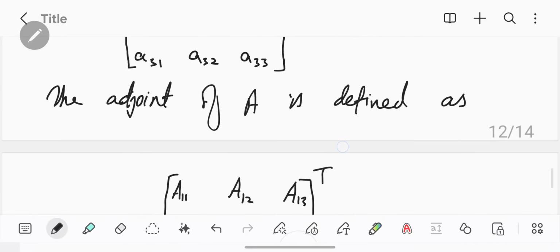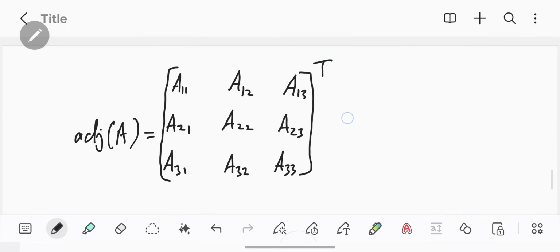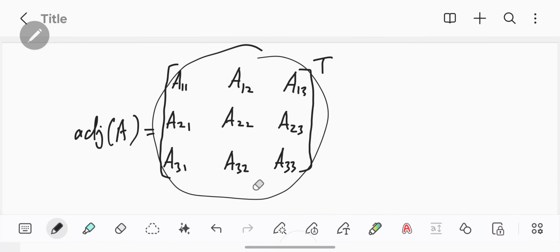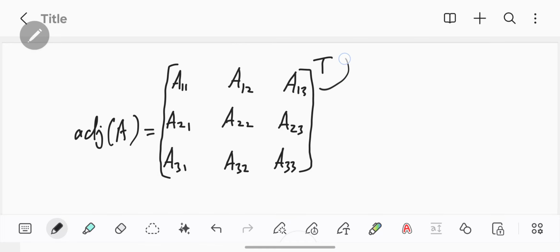Now if we again visit the definition of the adjoint of a matrix, the adjoint of a matrix is obtained by entering the cofactors inside the matrix and taking the transpose.